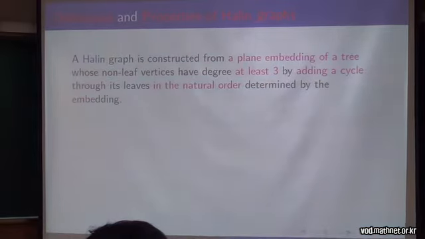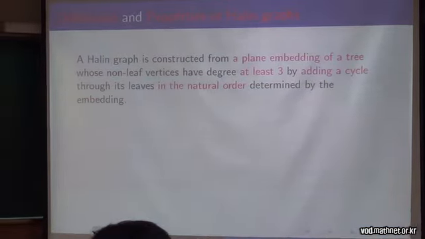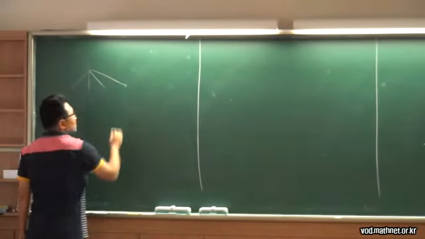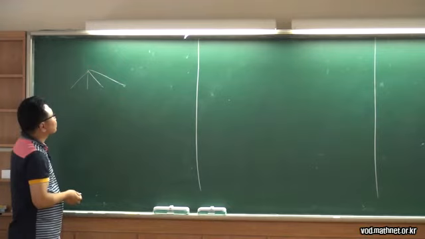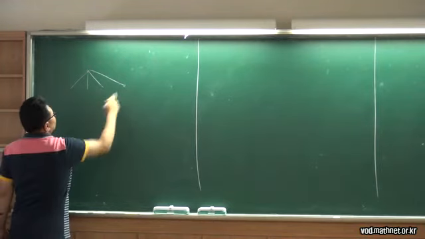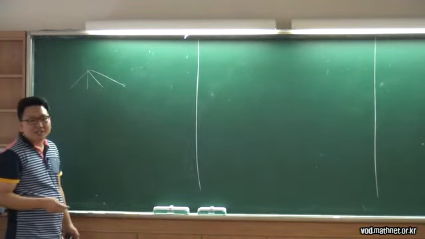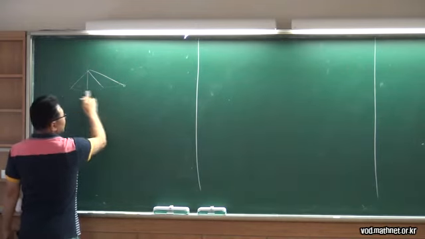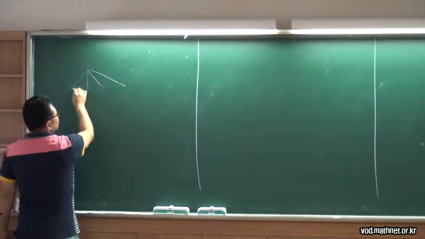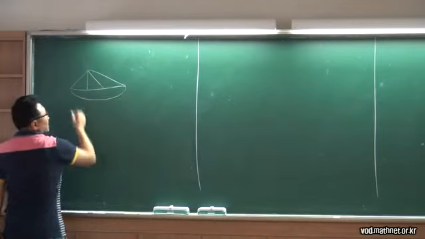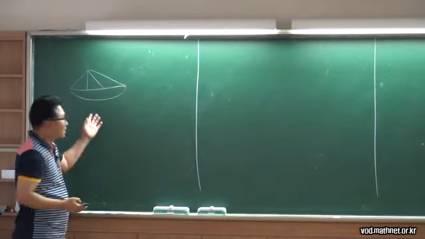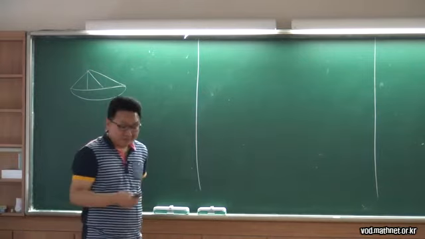So for example, if you think about a star with at least 3 leaves, and by adding a cycle like this, in the natural order, maybe this way or this way, then we can have a Halin graph. So a wheel is a special case of a Halin graph.